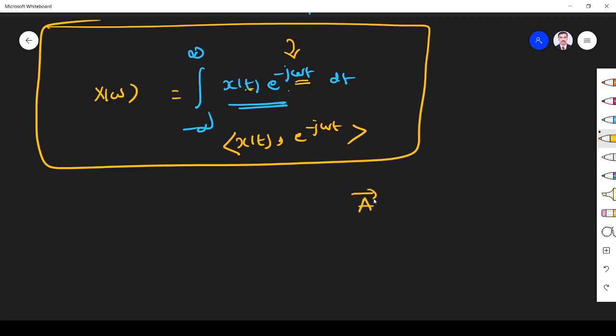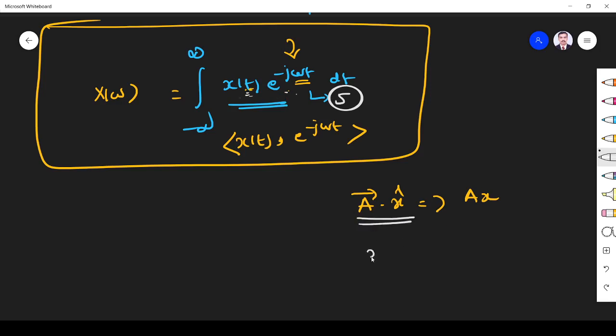Like if you take A dot x cap, what will happen? The Y component will be 0, the Z component will be 0, only the X component we will get. Like that, you take t varying from minus infinity to plus infinity. For example, let us assume omega is equal to 5. What will happen? If you take a dot product between these two, all the multiplication will become 0 except omega equal to 5, because at this frequency only it will match, like our A dot x cap.